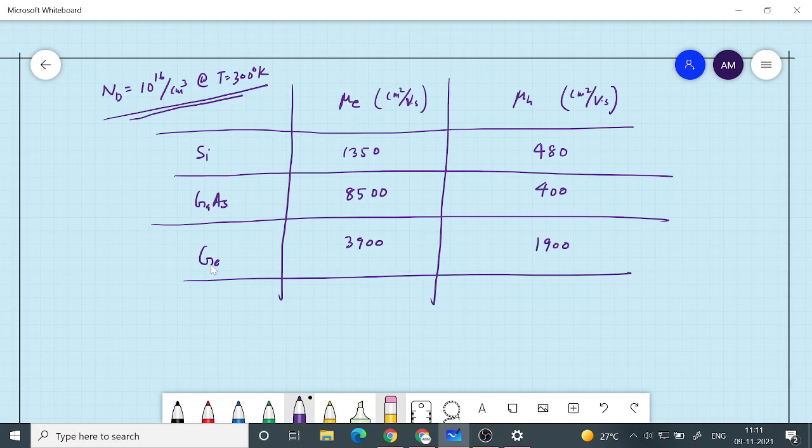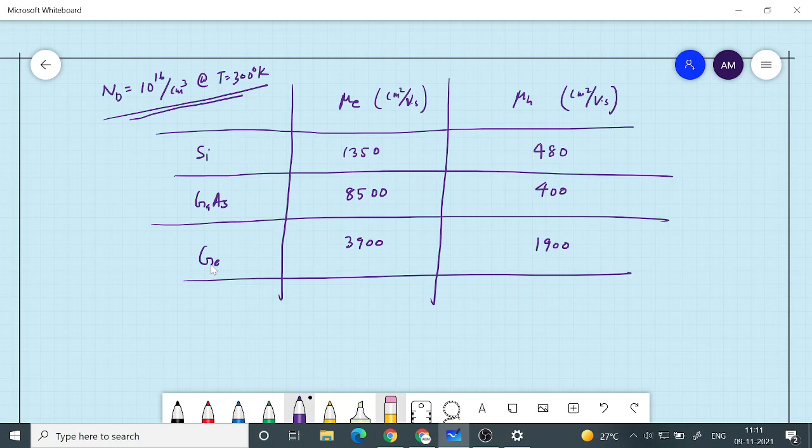But that has some limitations. We need some kind of refrigeration to keep the device at low temperature, which may not be practically feasible all the time. But if you change the material, then you can have high speed devices. So gallium arsenide, gallium nitride, aluminum gallium nitride, these compound semiconductors have higher mobility, and they are going to be heavily used in 5G applications.